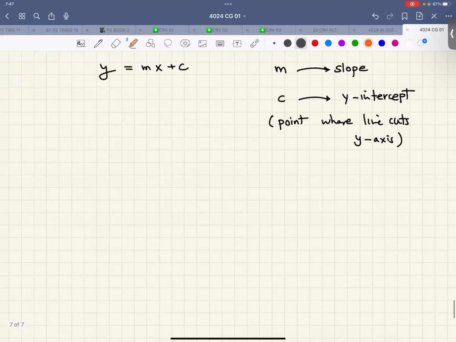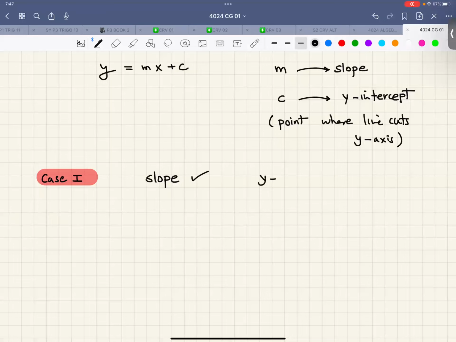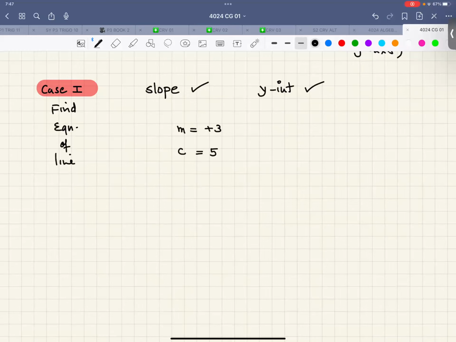For example, let's make some cases out of this. Case number 1. You are given a slope, you are given the y-intercept, and you are supposed to find the equation of the line. For example, if the slope is plus 3 and the y-intercept is 5, the equation of a line is y equals mx plus c.